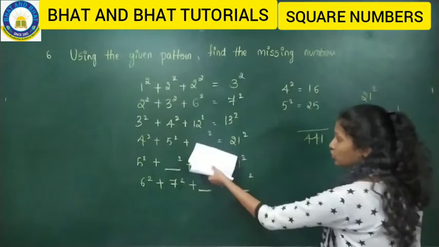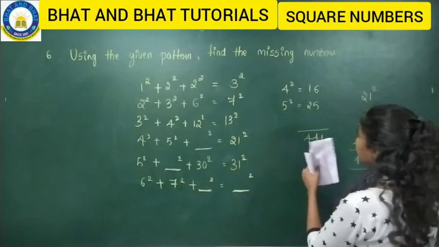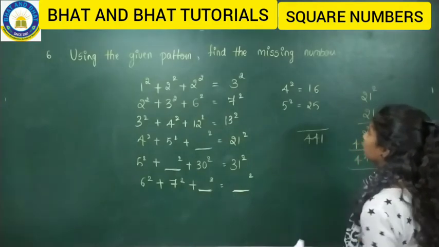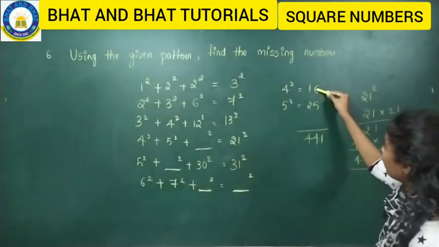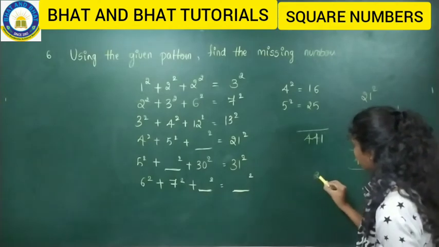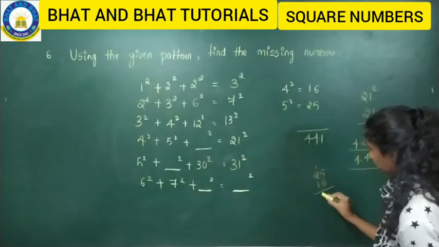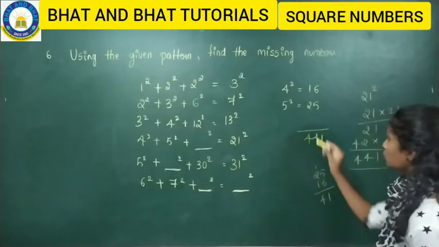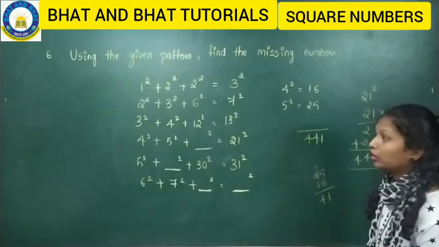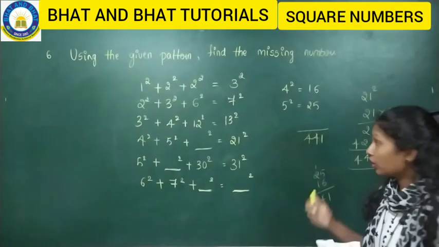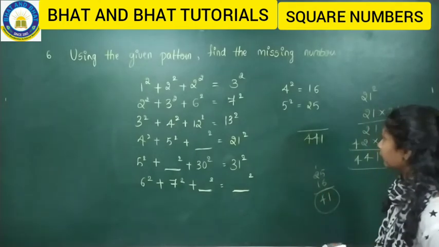But if you add which number over here, you will get the remaining number. See here, 25 plus 16. So if you add 25 plus 16, 1 and 1, 2 plus 1, 3 plus 1, 41. So still you want 400. To get 400, see here, now you got 41, right?